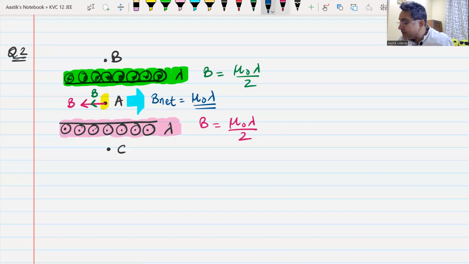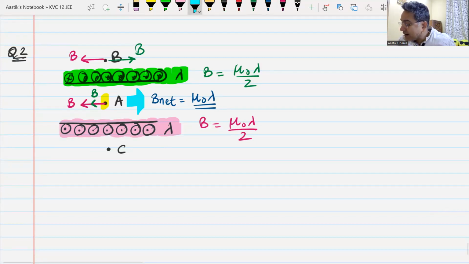Looking at point B, due to the lower sheet, current is coming out. Point B is upwards. So still the field goes in this direction. So the pink field goes in this direction. But if you look at the top sheet, the field will go in the opposite direction.